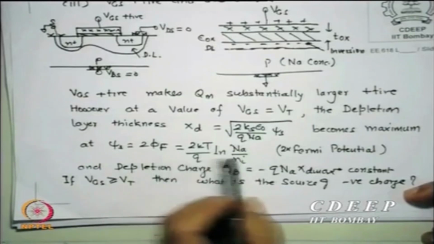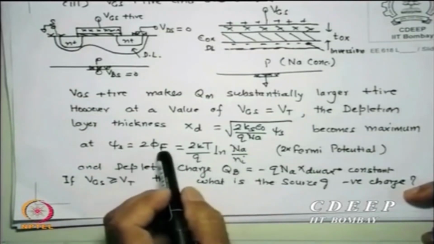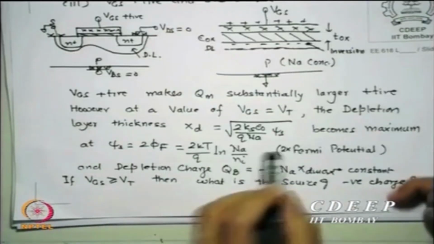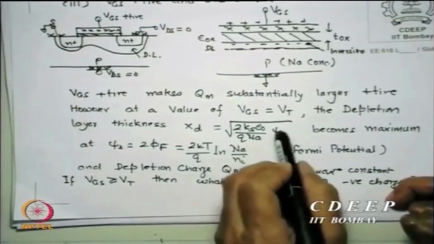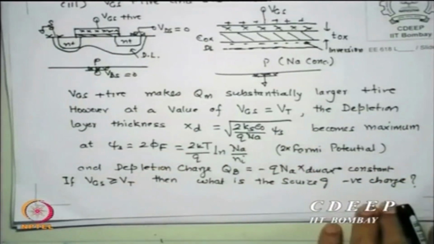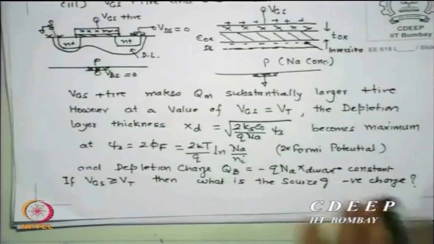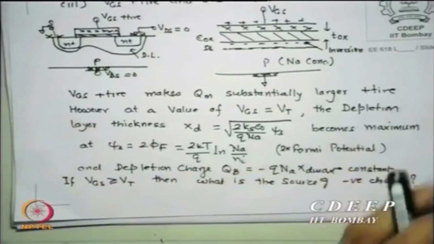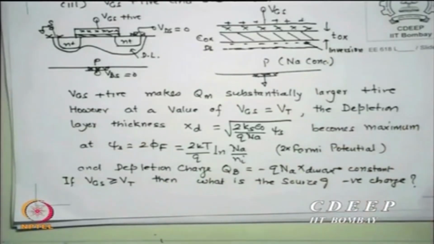So when psi s reaches 2 phi f, one can now say that XD becomes maximum. Actually we will see it should only have been 1 phi f, but we say okay, 2 phi f. XD becomes constant.